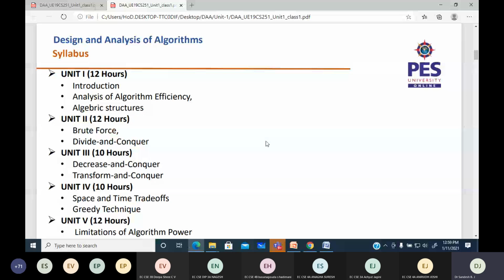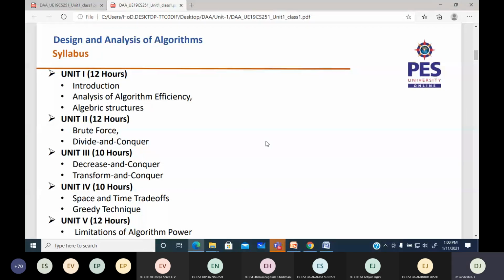After discussing the analysis framework in unit 1, a framework tells you how you are going to do the analysis using some of the discrete mathematical concepts, like the summation formula, and you will use backward substitution methods to do the analysis of an algorithm.